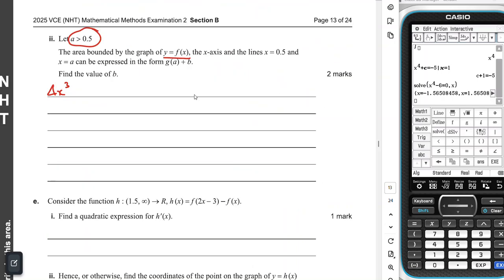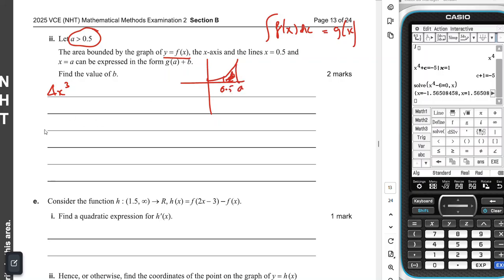We're now looking at f of x. But what we do know is that the integral of f of x dx equals g of x. So I want to know the area bound by the graph of f of x, and f of x is the cubic, between the lines of 0.5 and a.